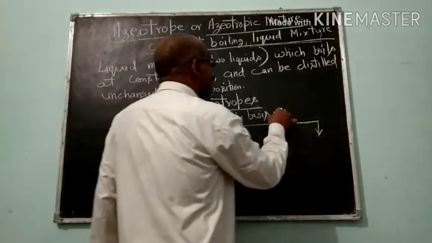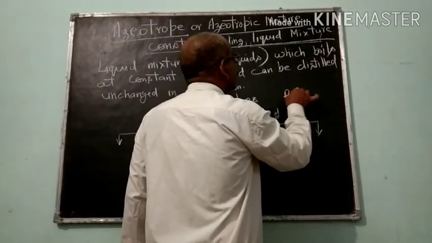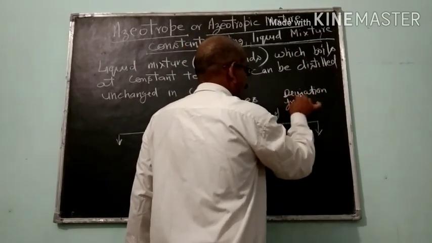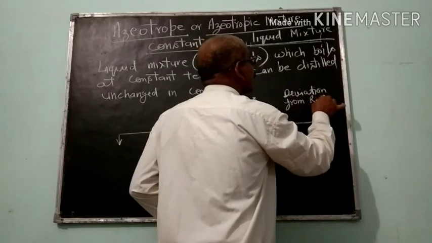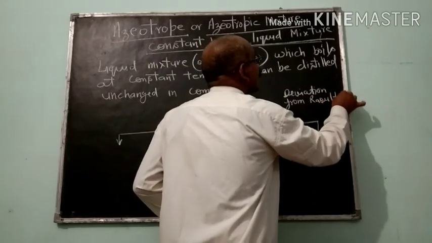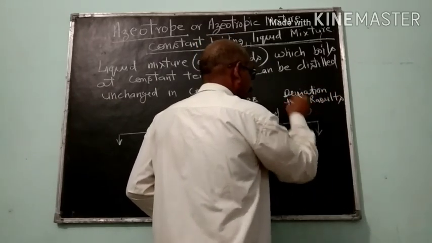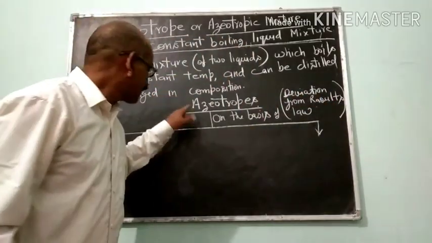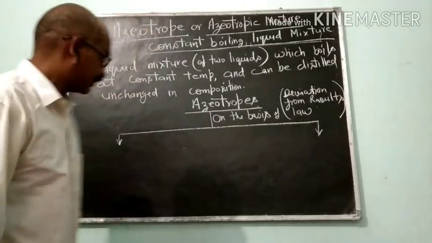So on the basis of deviation from Raoult's law, azeotropes are of two types.